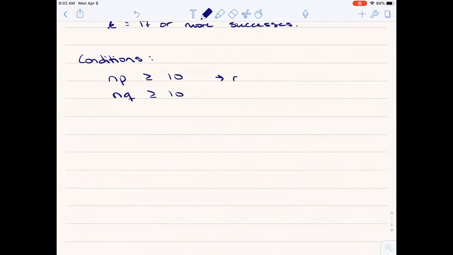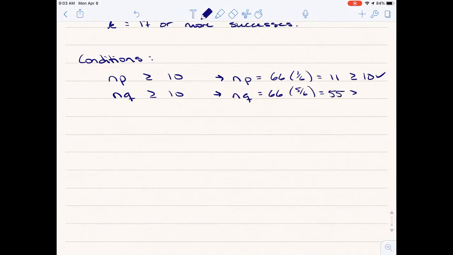In our case, n times p is 66 times 1 over 6, which is 11, which, phew, is greater than or equal to 10. n times q is 66 times 5 over 6, which is 55, which is also greater than or equal to 10.